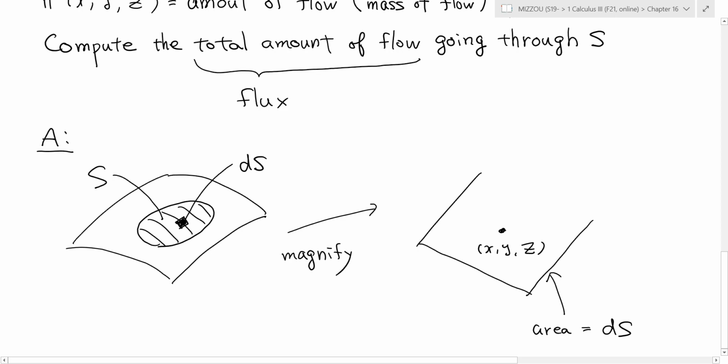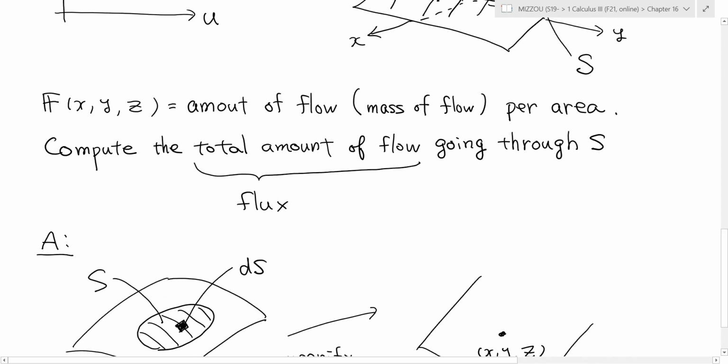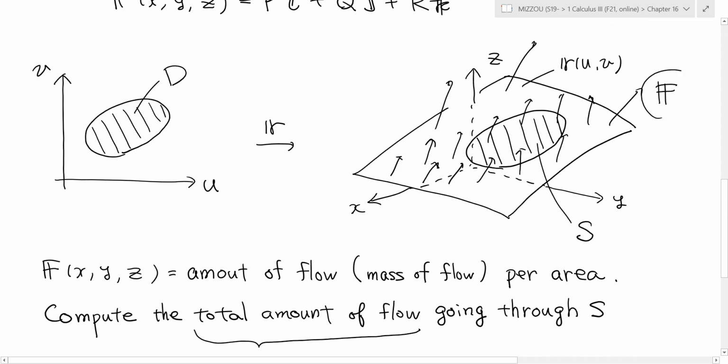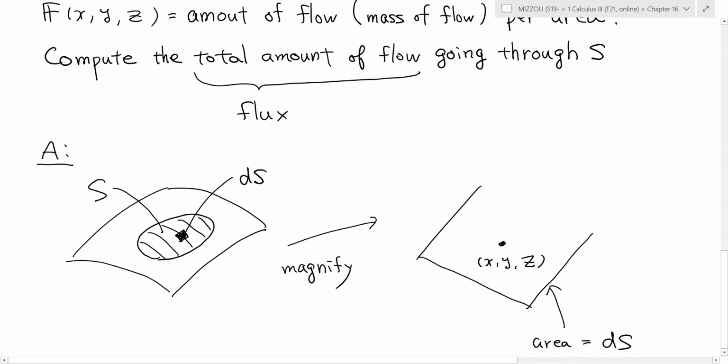Suppose at this point, the flow, well, the vector F, is moving this way. There is no guarantee that the flow F is perpendicular to the patch or anything, just some random direction.